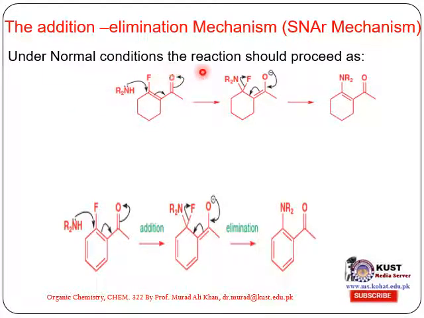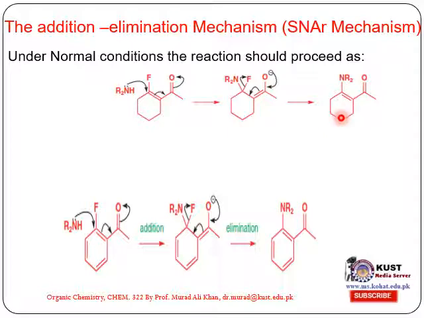Under normal conditions, the reaction should proceed as the base attacks the carbon, and the double bond will be stabilized with this oxygen, and then the fluorine will leave the compound and we will get a substitution reaction.